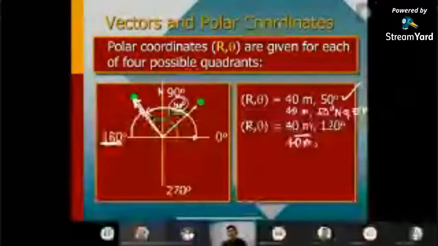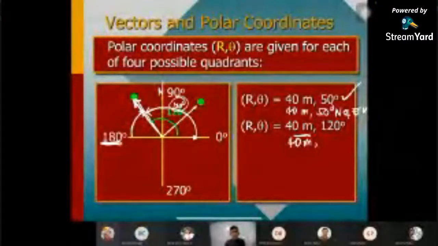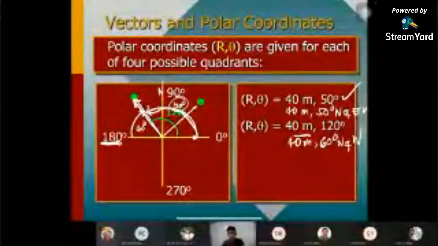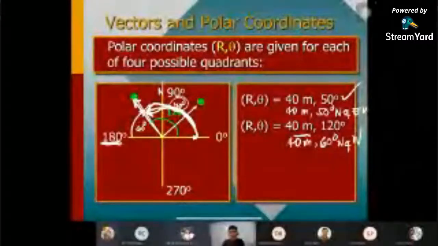Rex. 230, so 40 meters, 60 degrees. 60 degrees, correct? North of west po. It's a reference angle. Yes, Mariel.